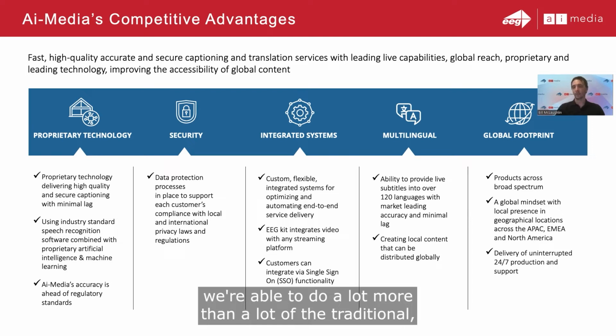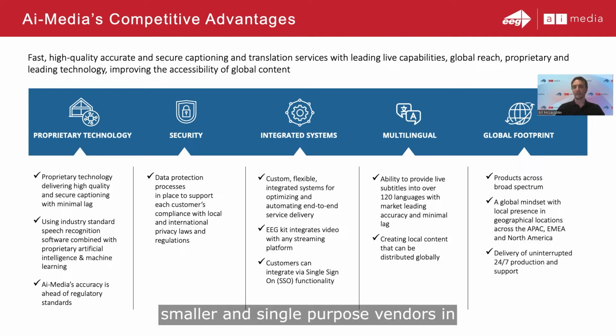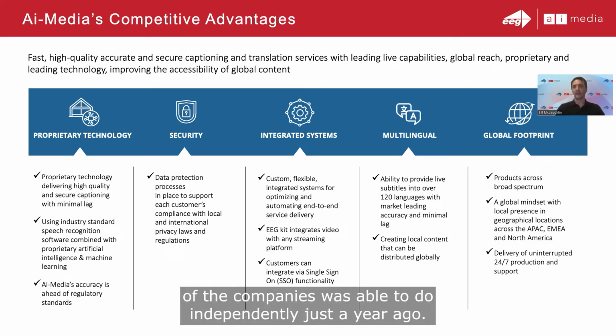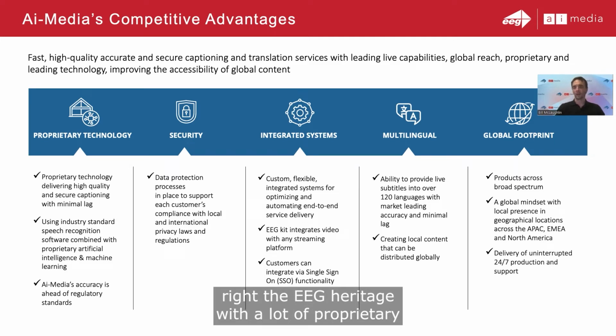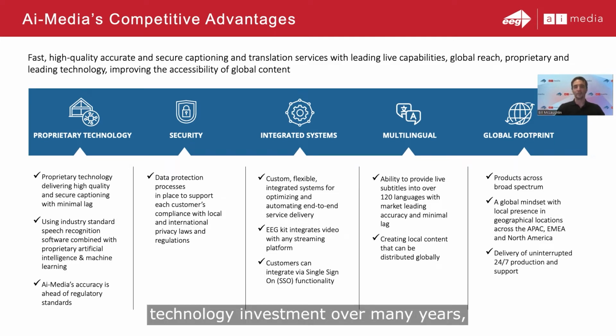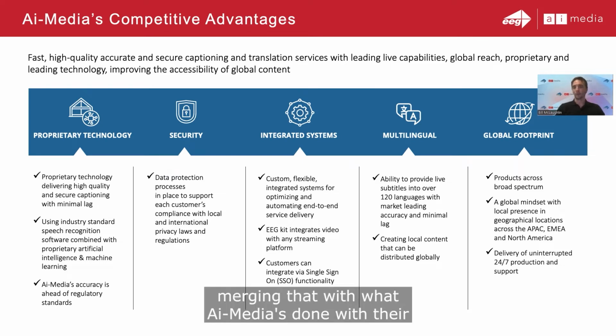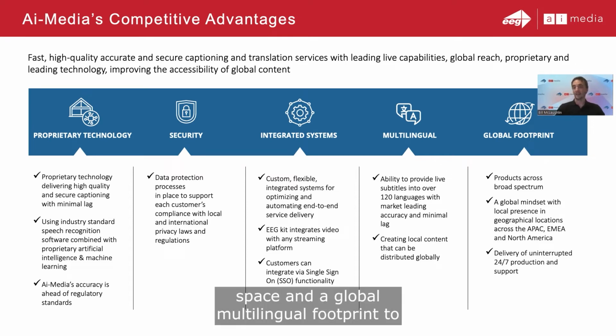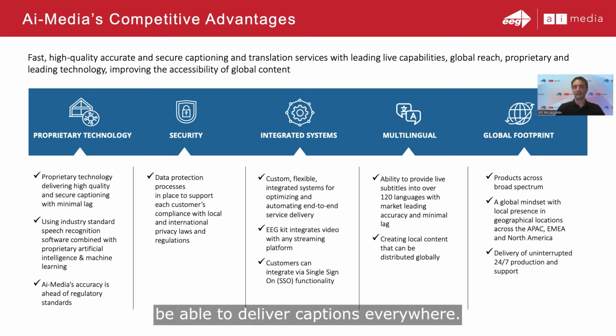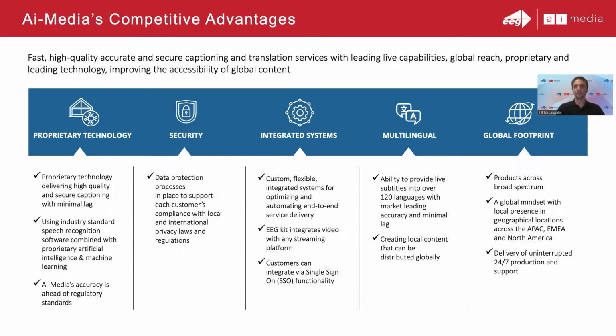We're able to do a lot more than a lot of the traditional smaller and single purpose vendors in this space, and a lot more than either of the companies was able to do independently just a year ago. It combines the EEG heritage and proprietary technology investment over many years with what AI Media has done with their own investments in the recorded and services space, and a global multilingual footprint to be able to deliver captions everywhere.